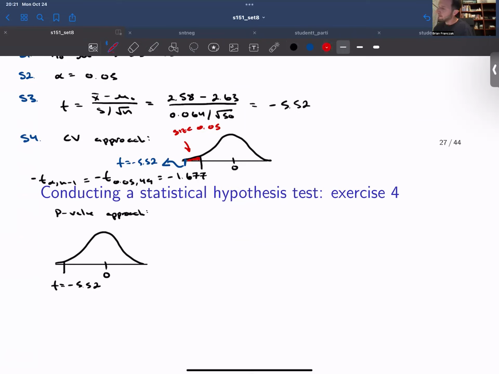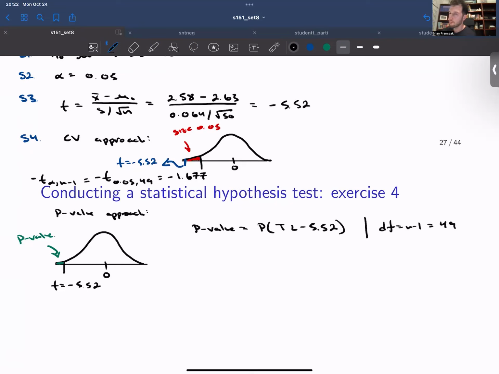Because it's a lower tail test, the area to the left of the test statistic is going to be our p-value. So here, the p-value is the probability that t is less than negative 5.52. As shown above, we have degrees of freedom equal to 49 because we have 50 observations.